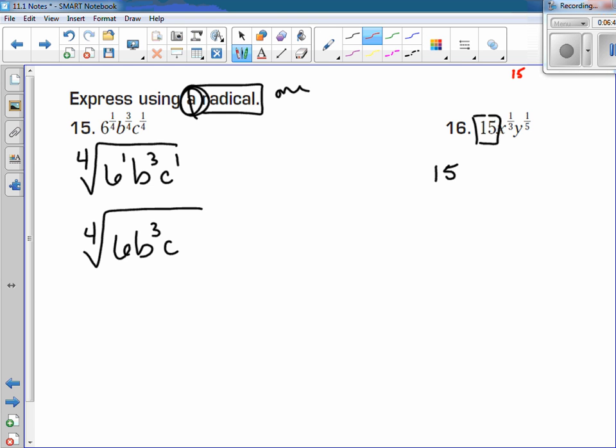So what do you multiply 1/3 by to get something over 15? 5. So you have x to the 5/15. And y to the 1/5, you can multiply by 3, so 3/15. All right, so I have the 15th root of x to the 5th, y to the 3rd.